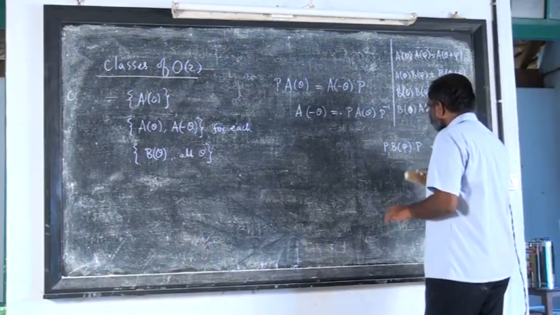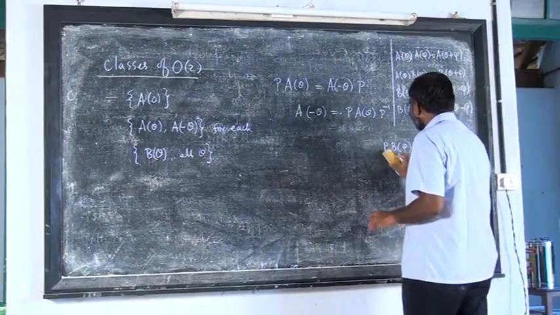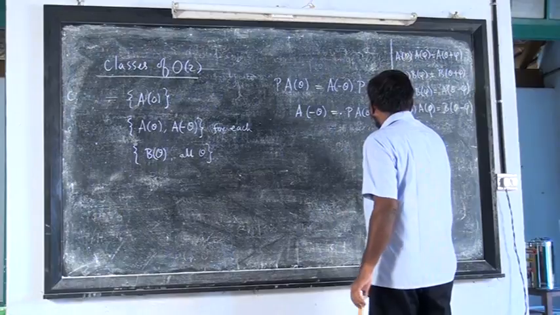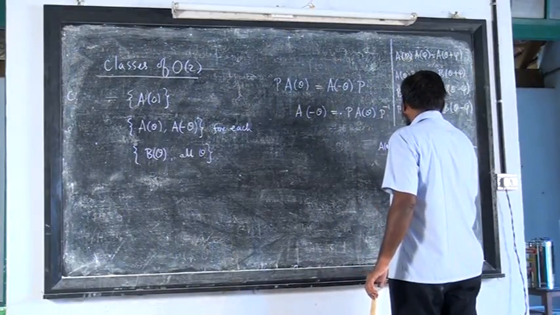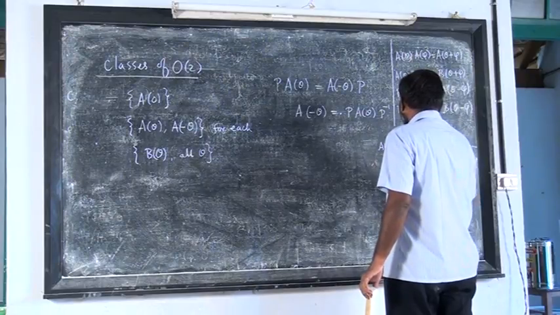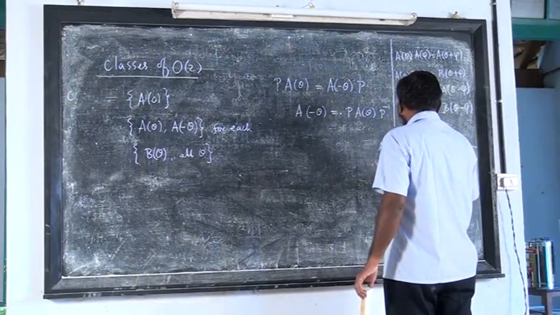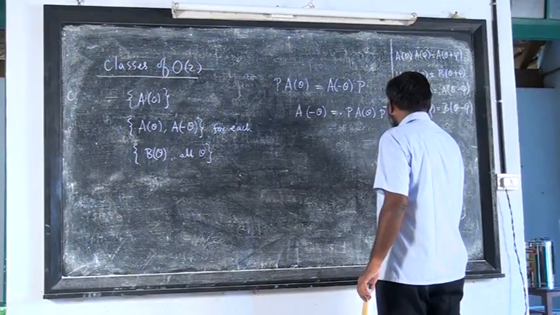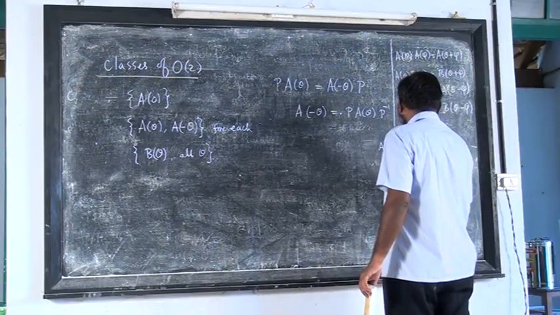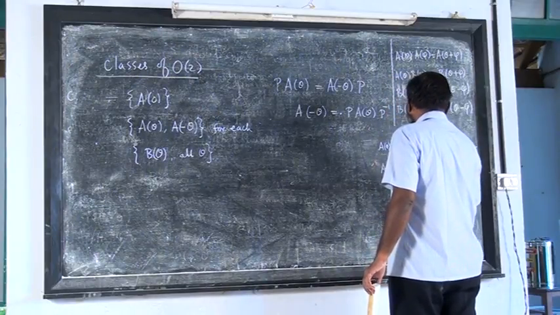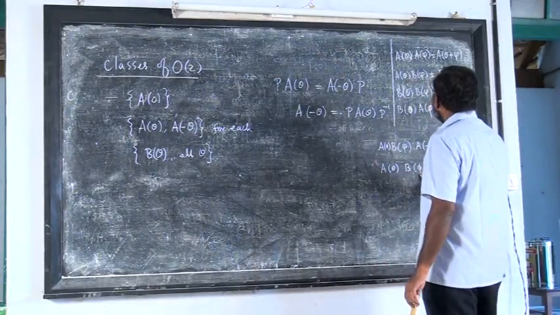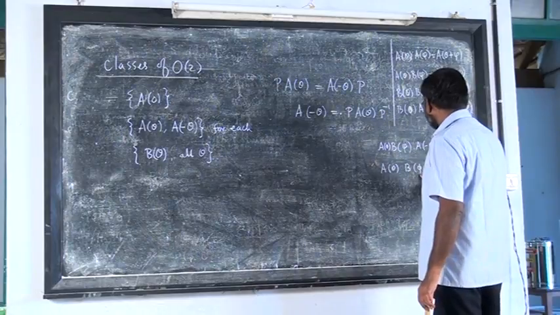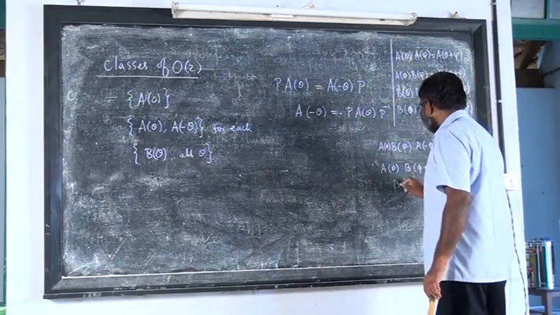If I put a theta here, then I put a minus theta here. Correct? So what is B phi A minus theta? B phi plus theta. So what is A theta into B phi plus theta? It is B phi plus 2 theta.